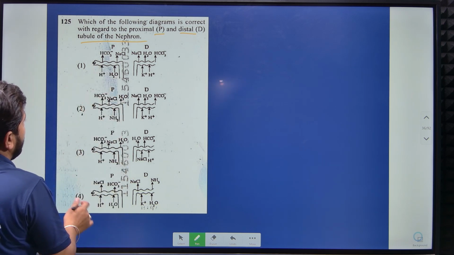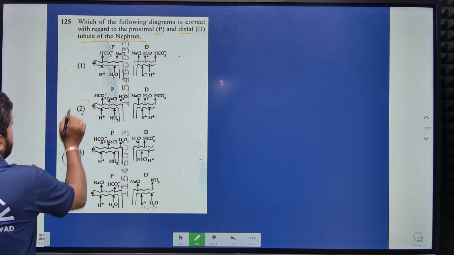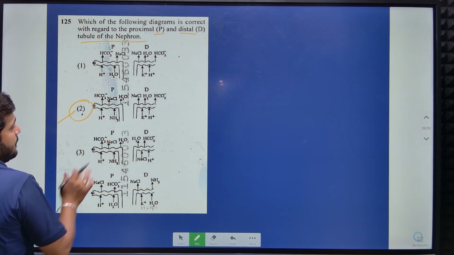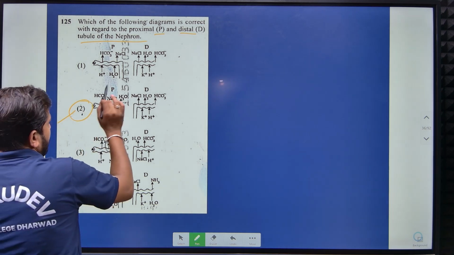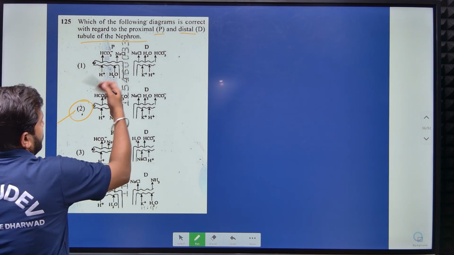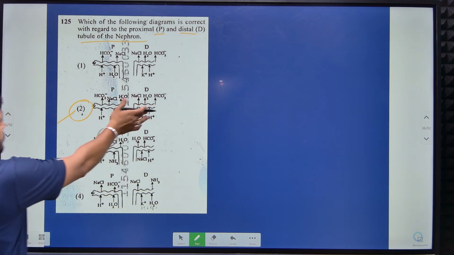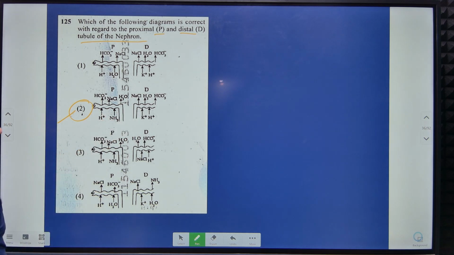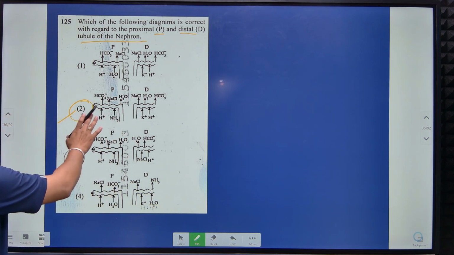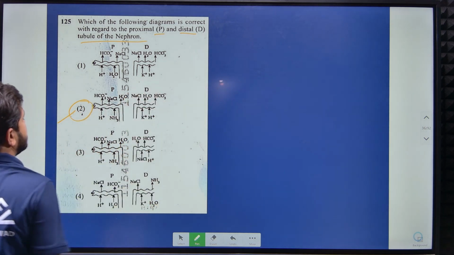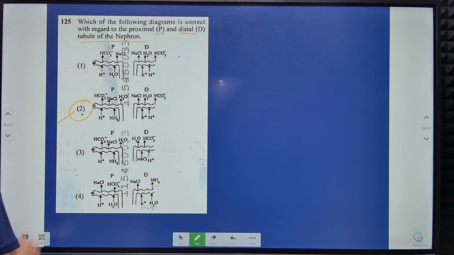By seeing all the diagrams, what I know is option 2 is correct diagrammatically, that is the intake of ammonia, water and giving of bicarbonate, NaCl, water. All of that you are going to find out with respect to this diagram, for the proximal convoluted tubule and the distal convoluted tubule.